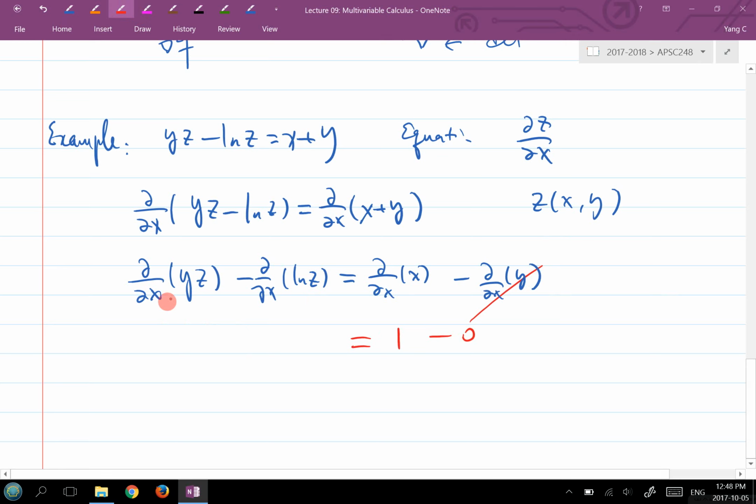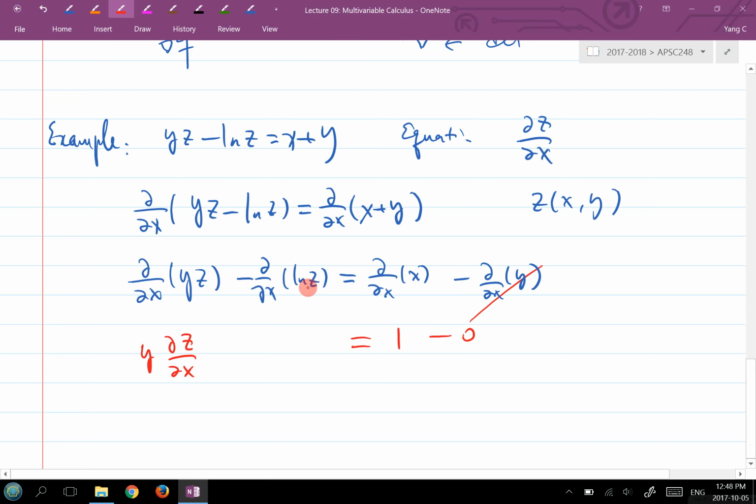Over this side, you have partial over partial x of y times z. You're treating y as a constant, so y can be taken out of the bracket, and you're left with partial z over partial x. Perfect, this is what we're looking for. Then for this one, you're taking the partial derivative of ln z over x.